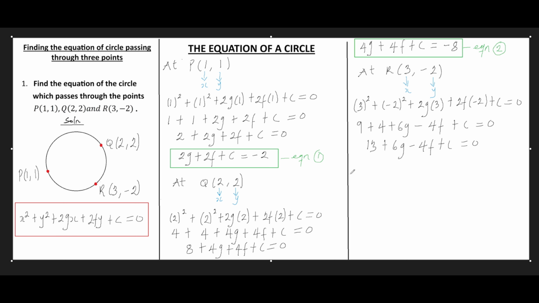So let's group variables on the left, numbers on the right. So finally we have 6g minus 4f plus c is equal to minus 13. So this is our third equation, equation 3.